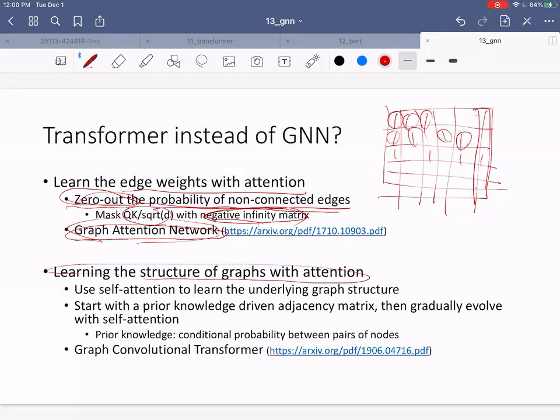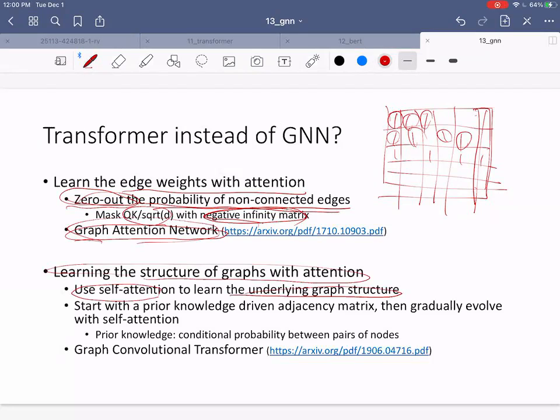You can actually learn the structure of a graph with attention. This is my paper from before I left Google. It is also based on the fact that self-attention and graph convolution have a very tight connection, so you can use self-attention to learn the underlying graph structure.